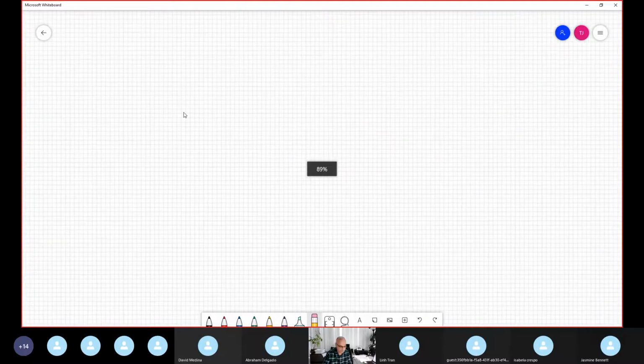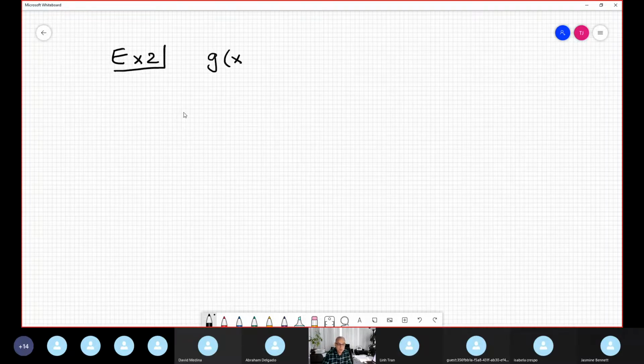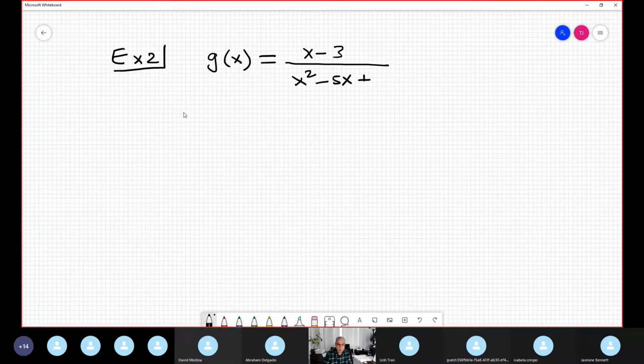Okay, example 2 now. Example 2 is a little bit more interesting because it brings a new idea. Suppose the function is called g equal x minus 3 divided by x squared minus 5x plus 6.